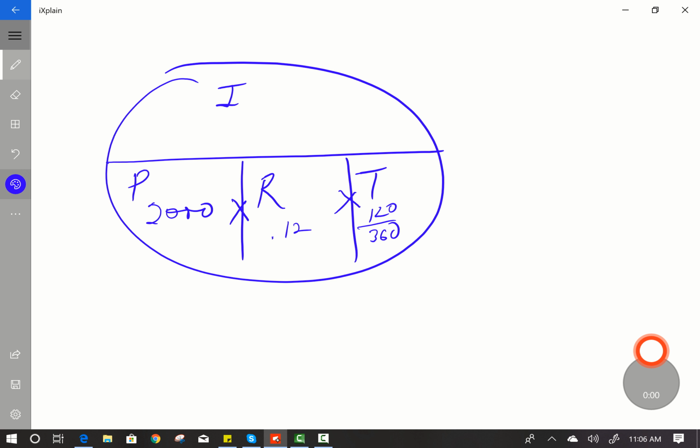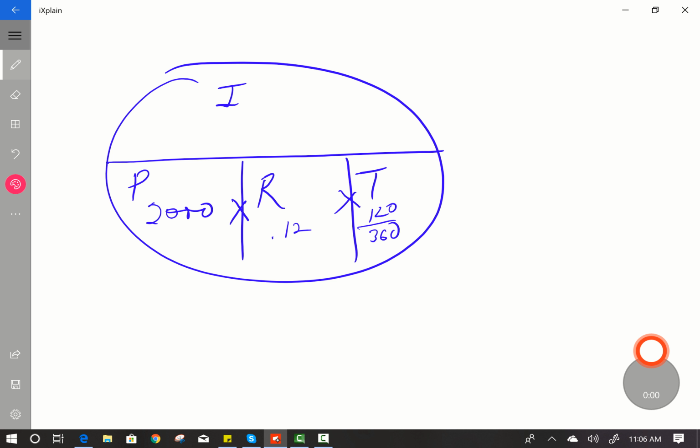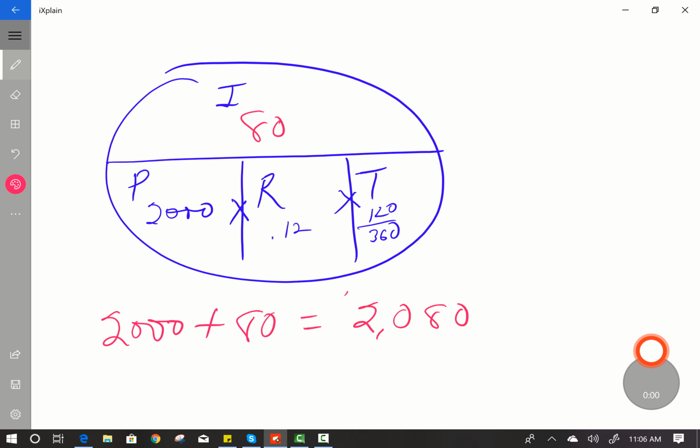So $80 is the answer to this particular question. And so I borrowed $2,000 plus $80 is equal to $2,080. That's the maturity value of this particular note.